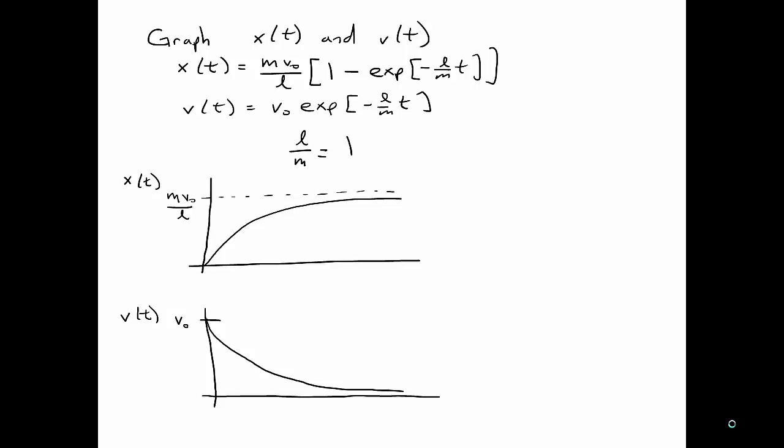And also something to think about is how does changing the mass or changing the drag coefficient or changing the initial velocity affect what happens in the end. So we see that increasing the mass will increase the distance it's able to travel. Increasing the initial velocity will increase the distance it's able to travel, whereas increasing the drag coefficient decreases the distance it's able to travel.